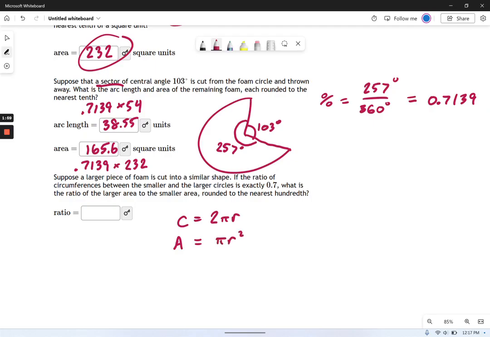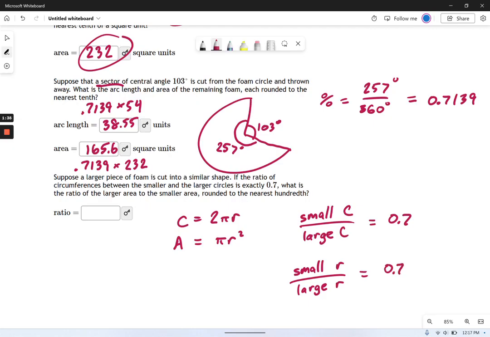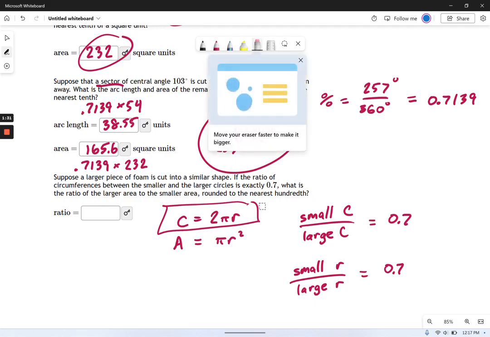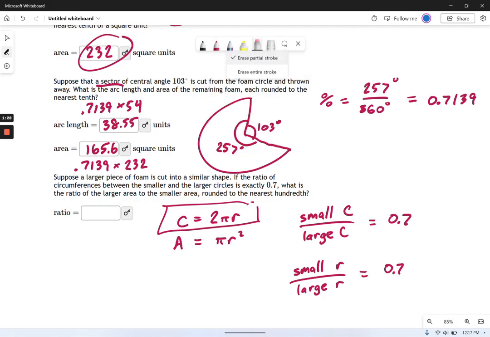So you can see that if my ratio of small c to large C is 0.7, the larger circle has a bigger circumference, then that means small r over large R is also equal to 0.7 because this is a linear equation. That means any change you make to R or C is going to be proportional to the other one.